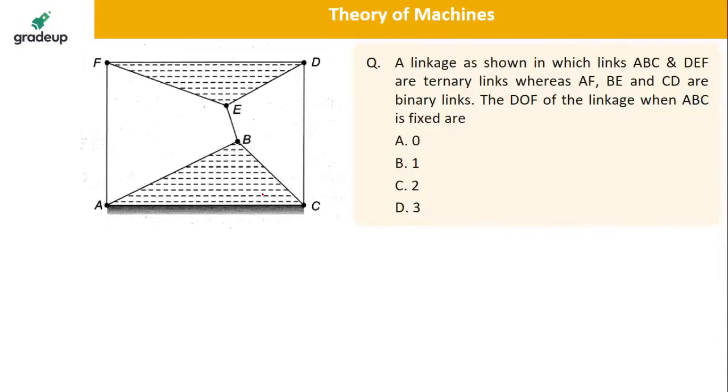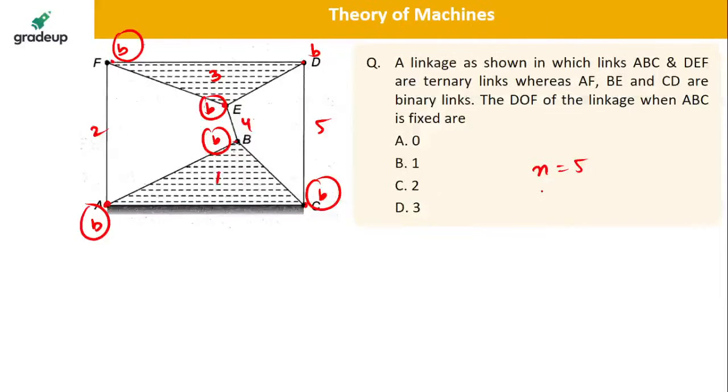Chalo, next. In this particular linkage, tell me what is the degree of freedom. Let us count the number of links: 1, 2, 3, 4, 5. N is equal to 5. Number of binary joints: this is binary, this is also binary, this is also binary, this is also binary, and this is also binary.